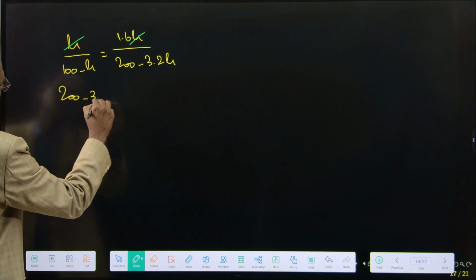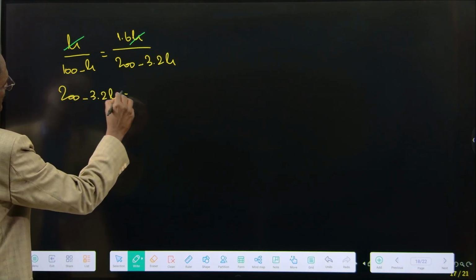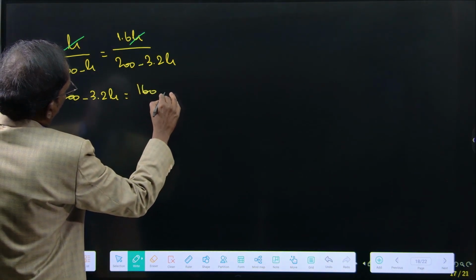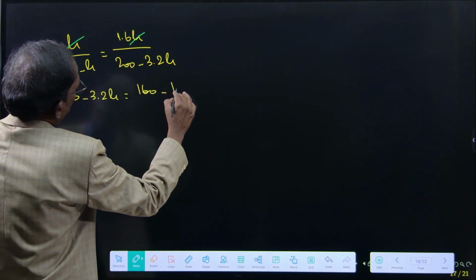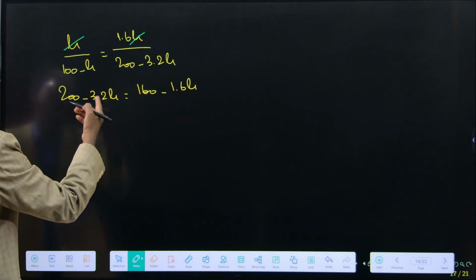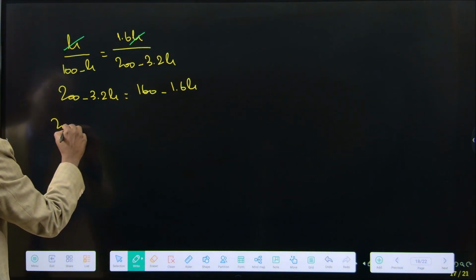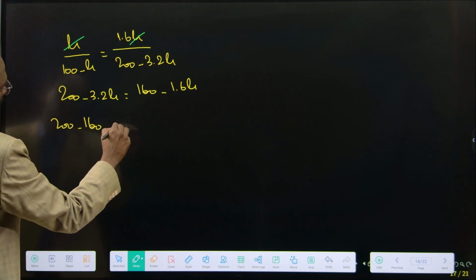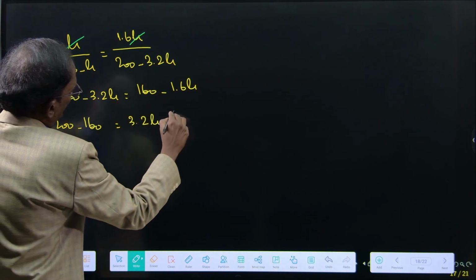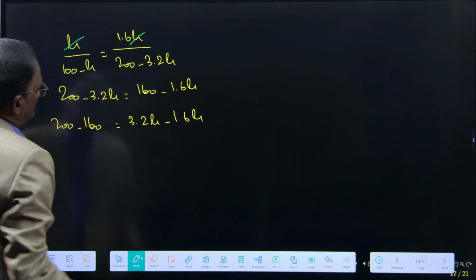200 minus 3.2 L1 is equal to 1.6 into 100, which is 160, minus 1.6 L1. So 200 minus 160 is equal to 3.2 L1 minus 1.6 L1.